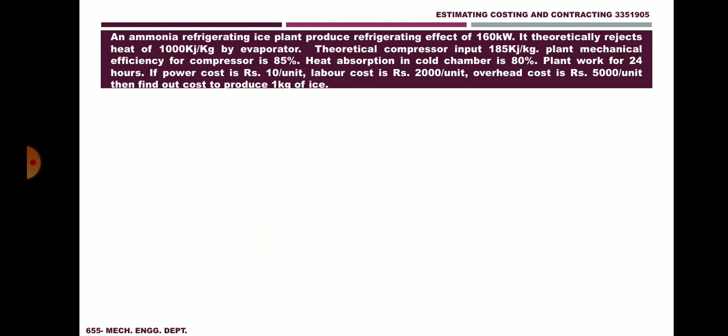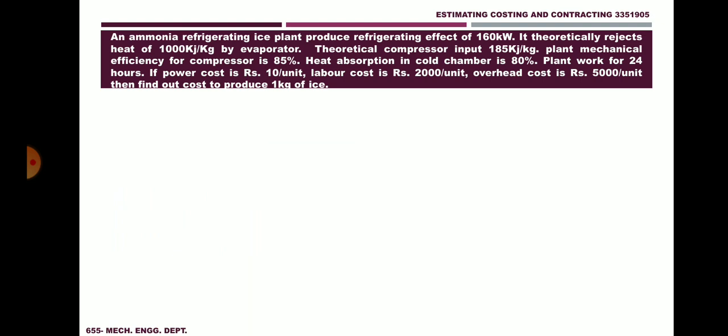Let's have a look at one example of an ice making project. An ammonia refrigerating ice plant produces a refrigerating effect of 160 kilowatt. It theoretically rejects heat of 1000 kJ per kg by the evaporator. Theoretical compressor input is 185 kJ per kg. Plant mechanical efficiency for the compressor is 85%.